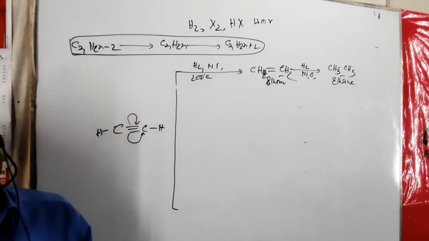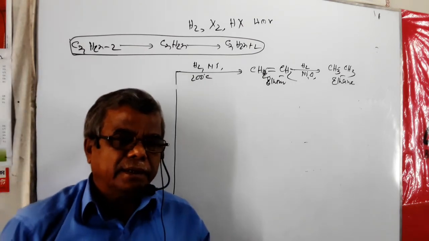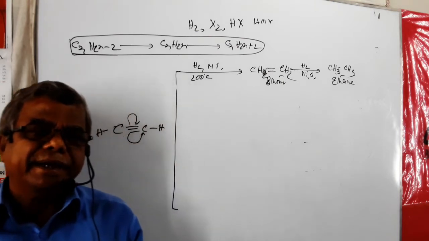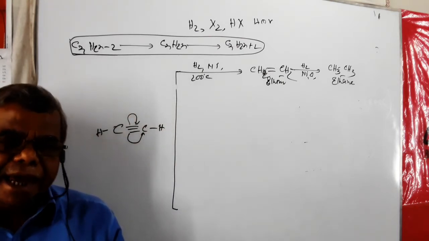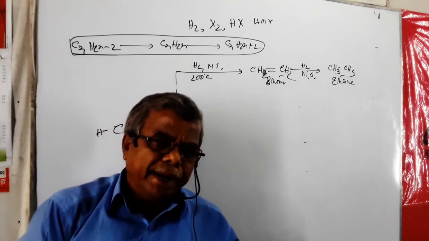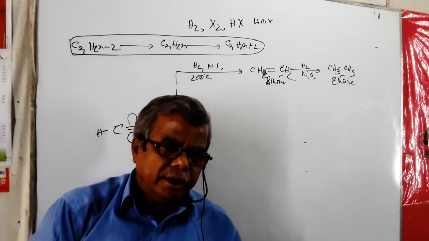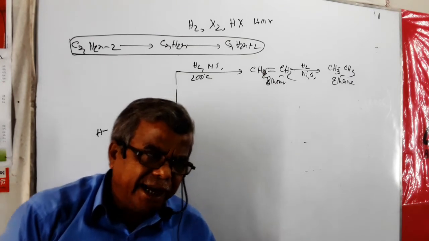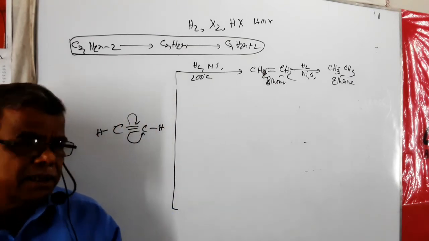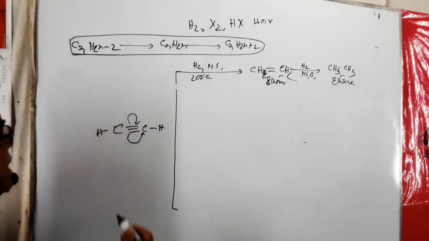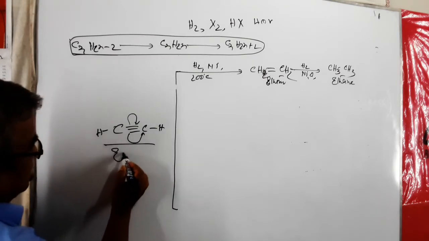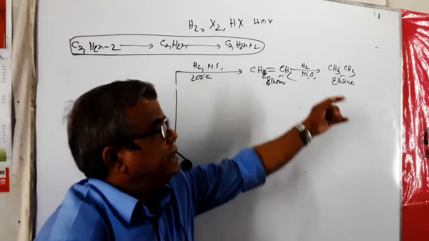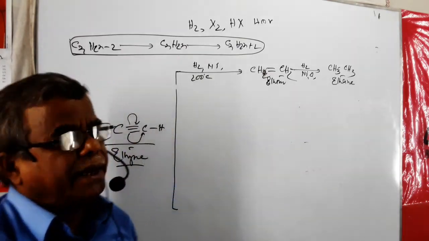All alkynes can be converted into alkanes. This is the main process for conversion of any kind of alkyne. For example, propyne will become propane, butyne will become butane, pentyne will become pentane, hexyne will become hexane. Here ethyne is converted into ethene, and then ethane.